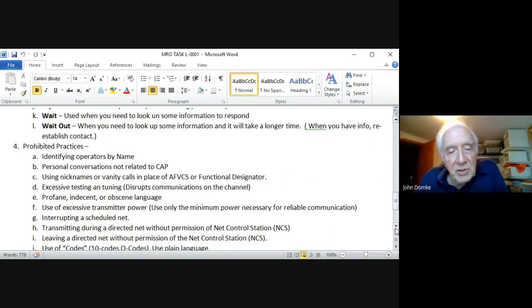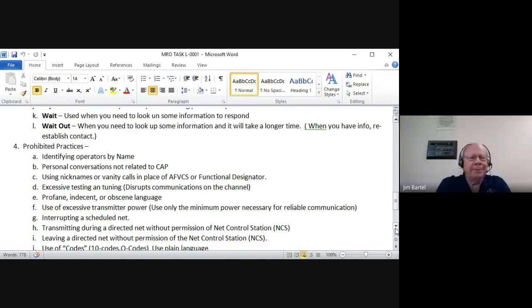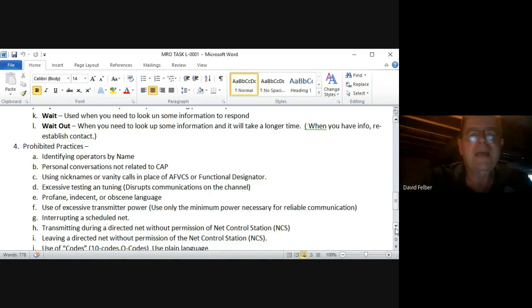Things change over time. Thanks for the clarification. Certainly. One other thing, sometimes just out of habit, many of us are also radio hams, and you hear a lot of procedures on ham radio. They try to follow some of this, but I hear it all the time where even if they use the pro word "out," both stations will use it.